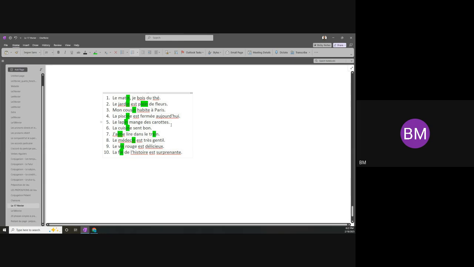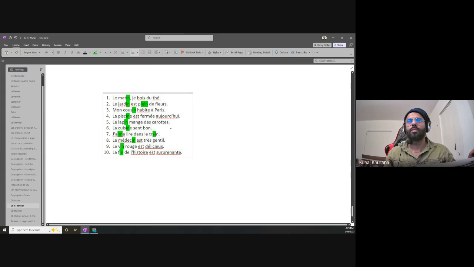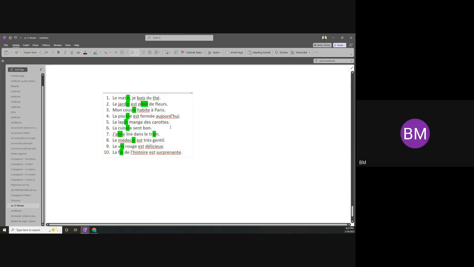J'aime lire dans le train. Le médecin est très gentil. Le vin rouge est délicieux. D'accord.